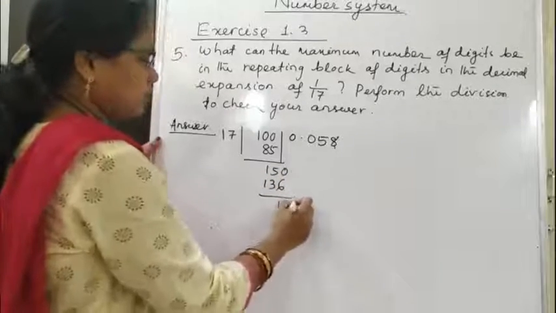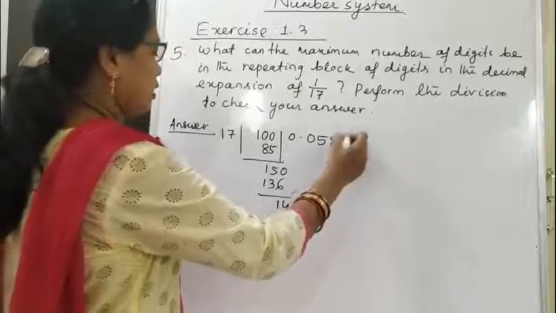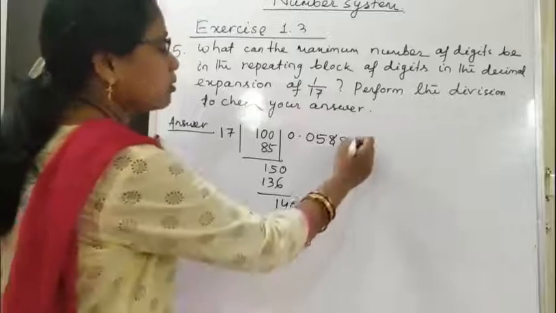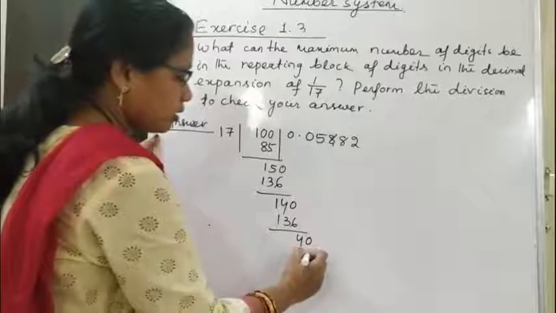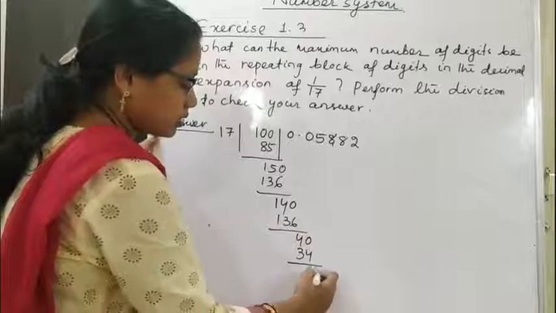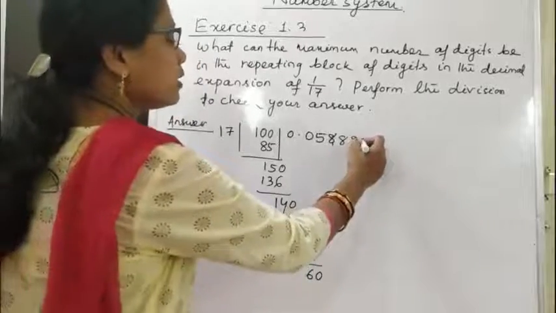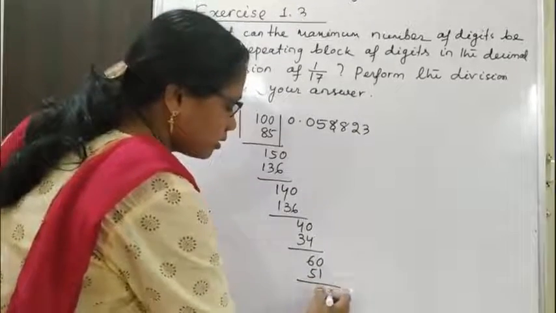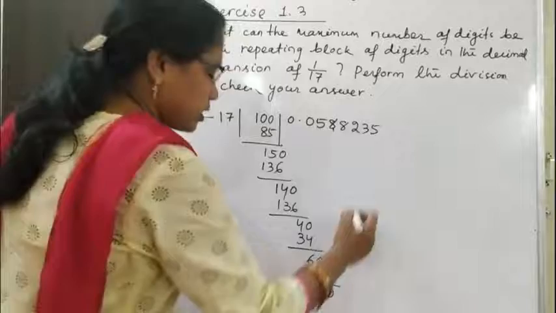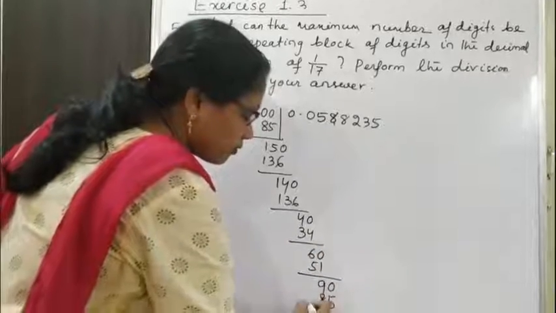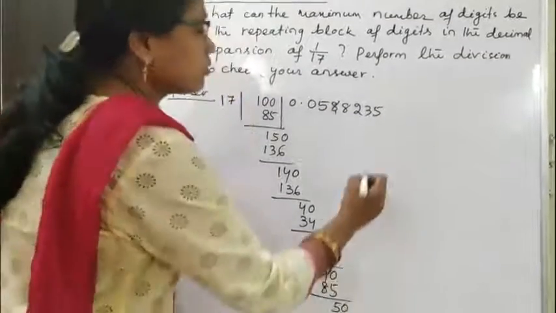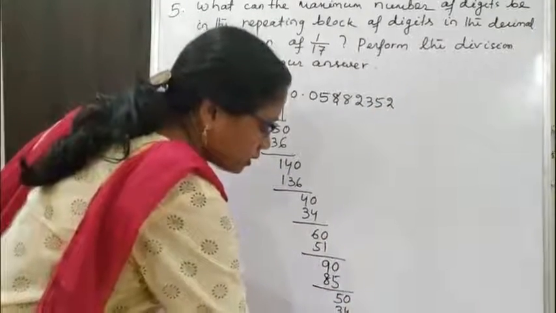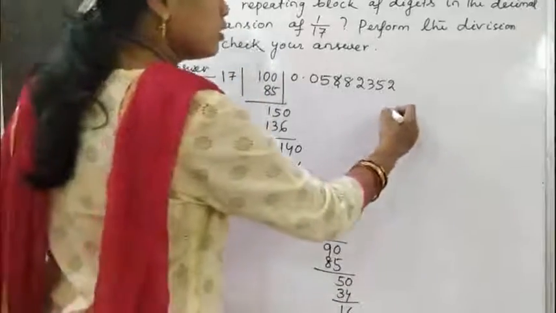Then 14 0. Then 17 eights are 136. Then 4 0, 17 twos are 34. Then 6 0, 17 threes are 51. Then 9 0, 17 fives are 85. Then 5 0, 17 twos are 34. Then 16.